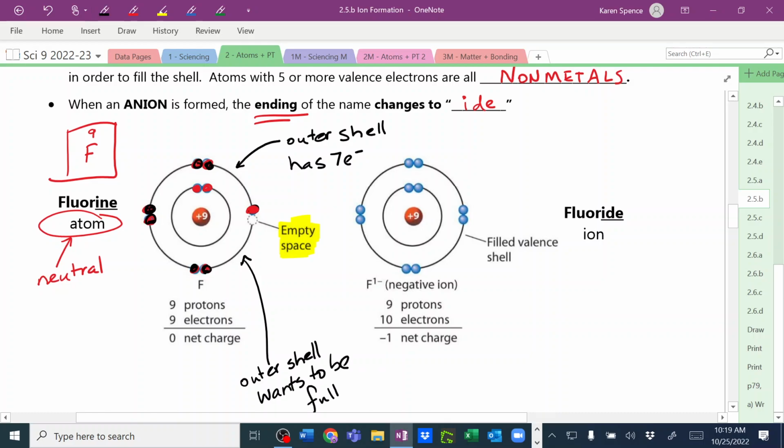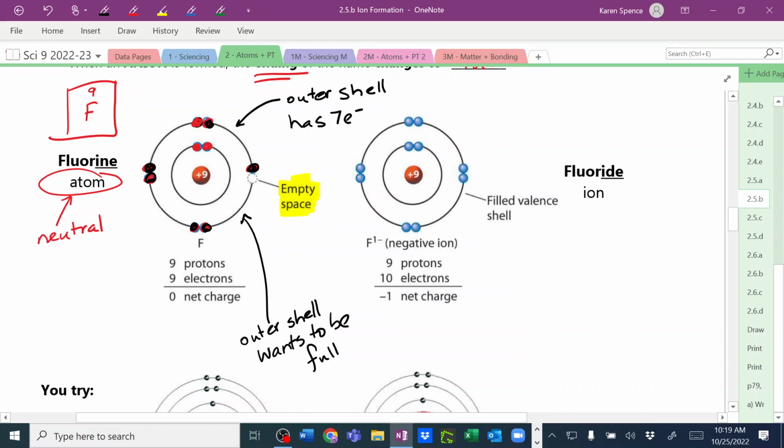How many is full for shell number 2? Eight electrons. So what's going to happen is a little electron is going to zoom into that empty space there.